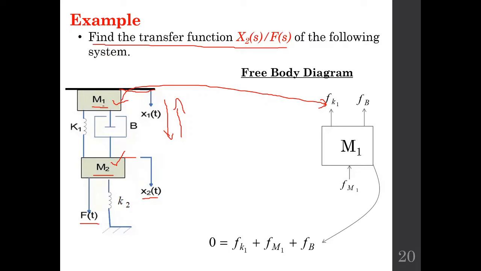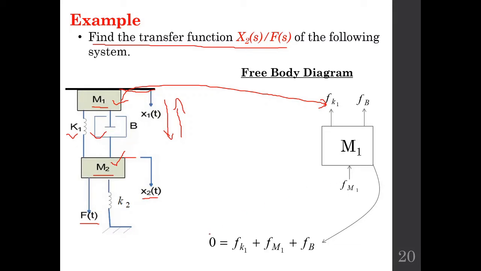So on this M1, we are going to have the opposing force due to this spring K1, due to this dashpot B, and the inertial force. So M1 will always be opposed by the force due to the spring K1, then the dashpot, and then the inertial force of the body.